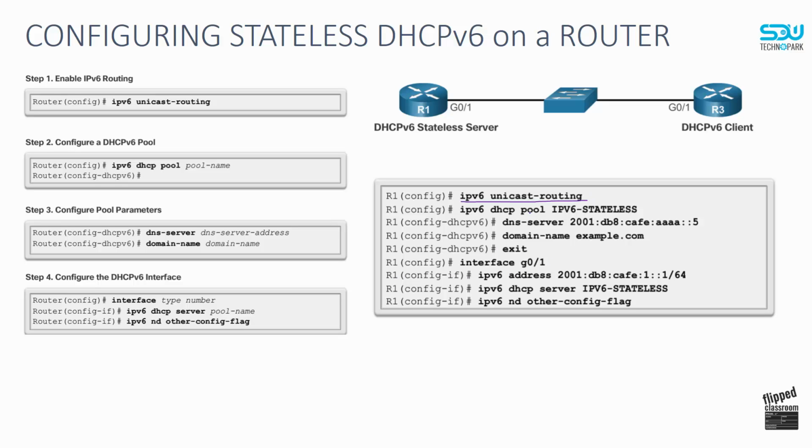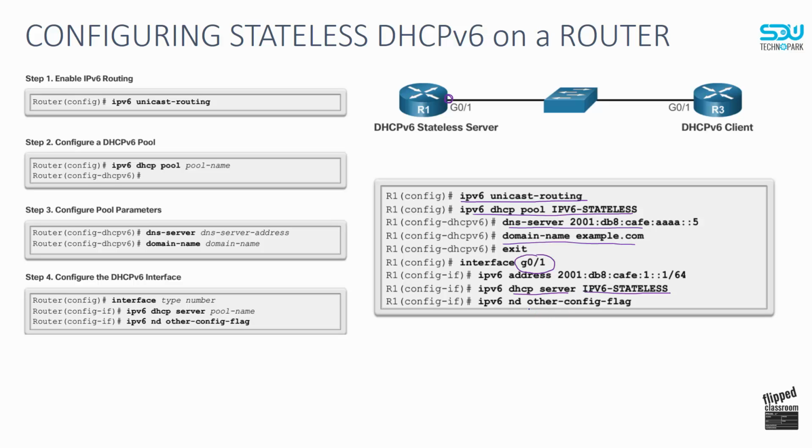Then you will create the pool as you did in IP version 4, and you will specify the DNS server and the domain name like this, and then in the interface gigabit 0/1 you write the command IP address like this and IP version 6 DHCP server, and you define this pool name.